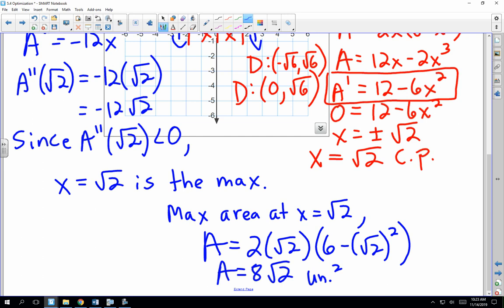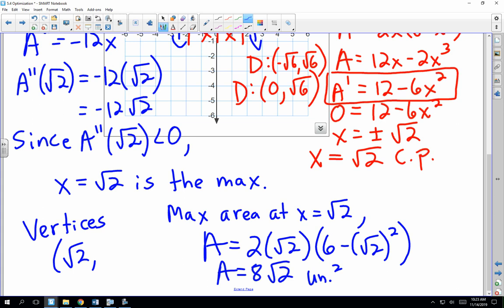Oh, that's for the vertices? Okay. So areas at, what are the vertices then? Vertices would be at, and let's just talk about the top ones. So you'd have vertices at root 2, comma what? How do you get the y value? Plug it into what? 6 minus x squared.